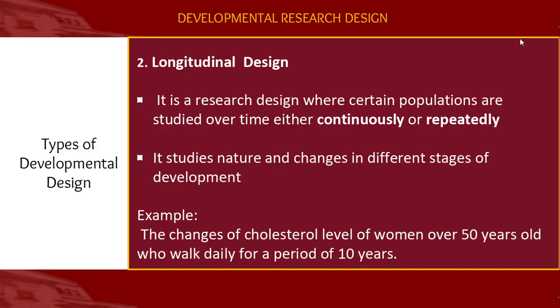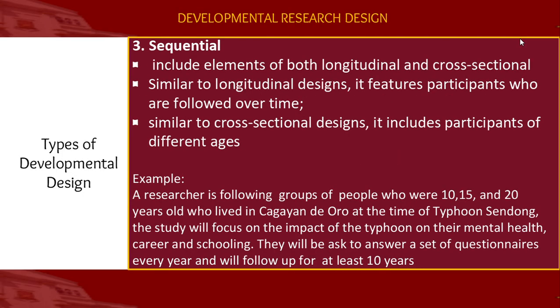So for example, our title is the changes of cholesterol level of women over 50 years old who walk daily for a period of 10 years. Okay? So that is a longitudinal research design. The third type of developmental research design is the sequential.